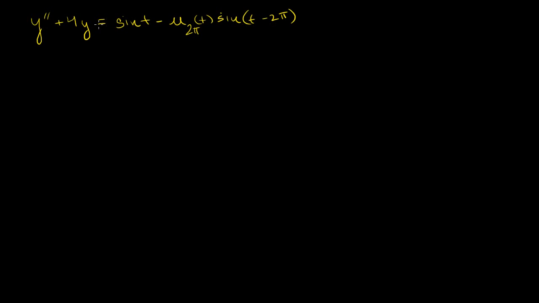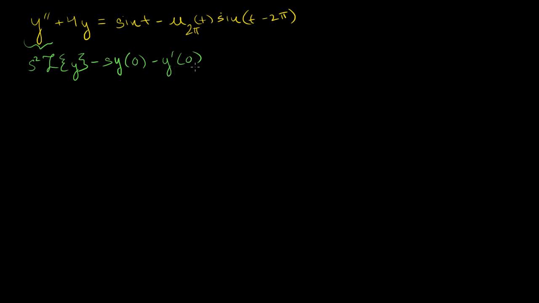So we're going to take the Laplace transform of both sides of this equation. What's the Laplace transform of the left-hand side? The Laplace transform of the second derivative of y is s squared times the Laplace transform of y, minus s times y of 0, minus y prime of 0.